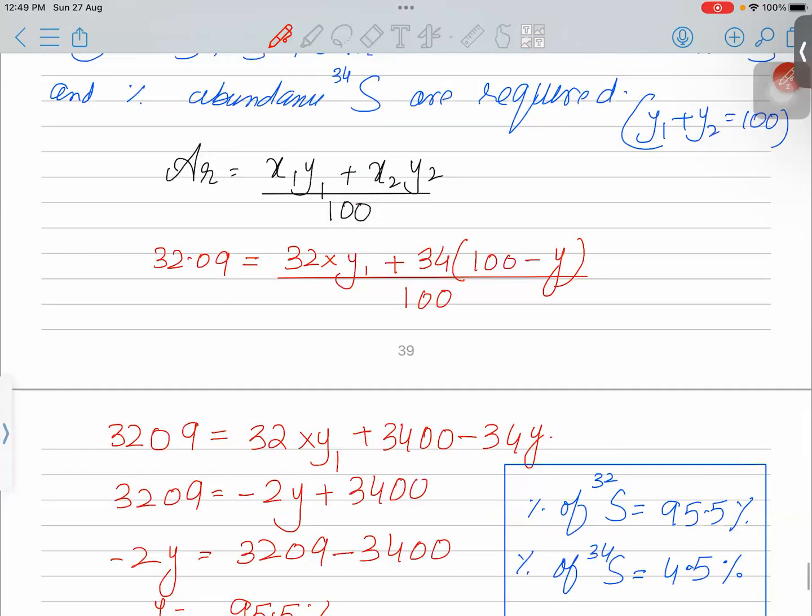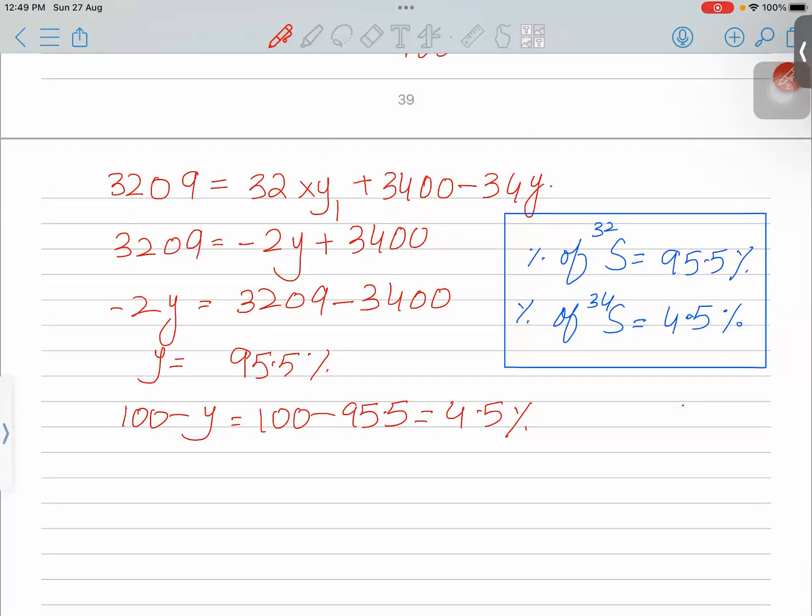Hamza, what is ionization energy? Ionization energy is the amount of energy required to remove one electron from a gaseous atom to form a gaseous ion. Very good.